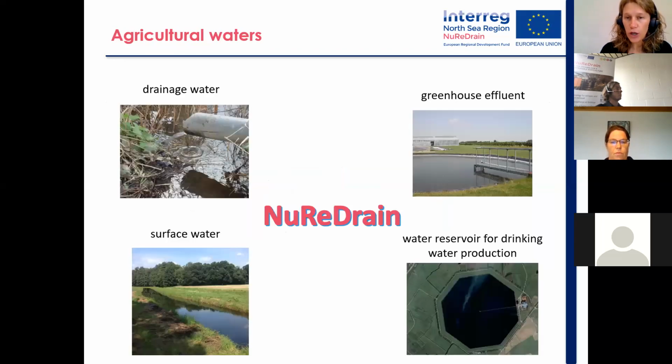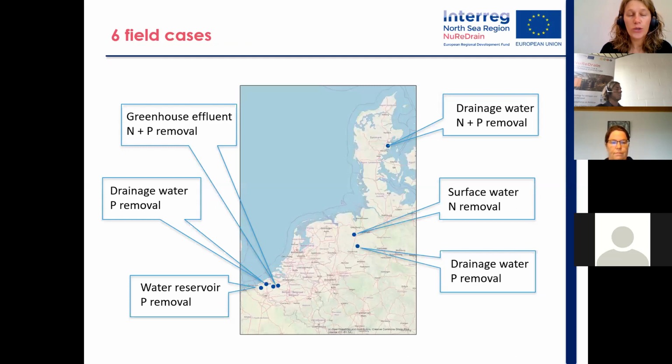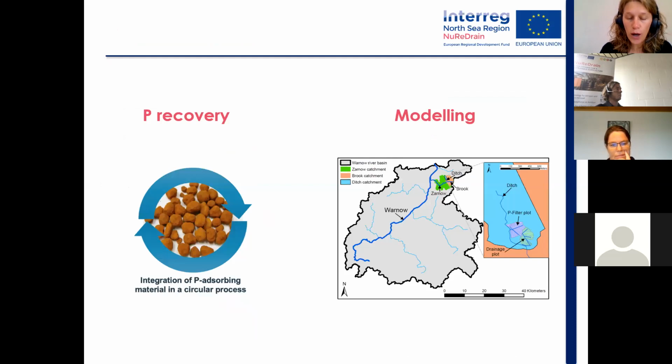So we mainly focus on drainage water, but we also look to greenhouse effluent, to surface water, and to a water reservoir for drinking water production. So the project has 6 different field cases spread over the 3 different countries. And we don't only look to technologies to remove the nutrients, but we also focus on experiments to try to recover the phosphorus.